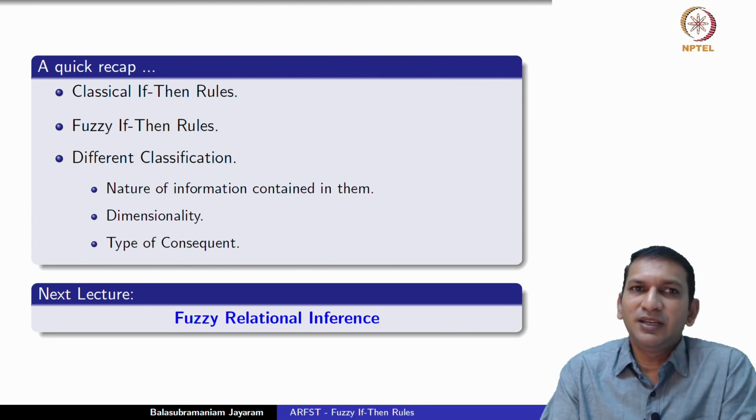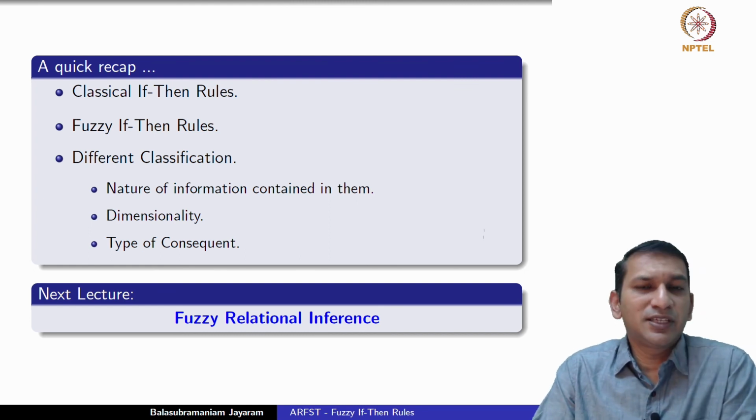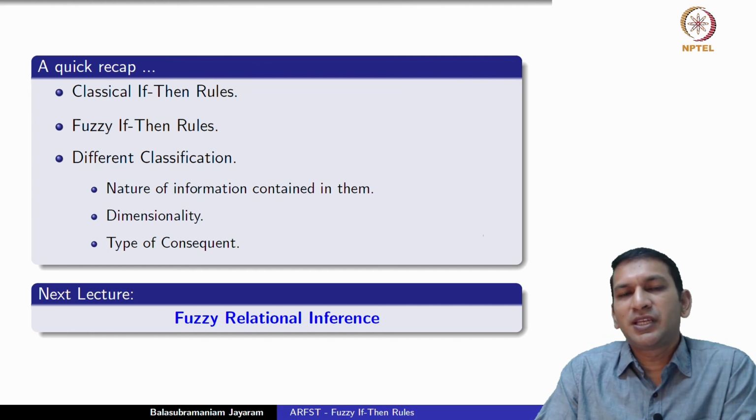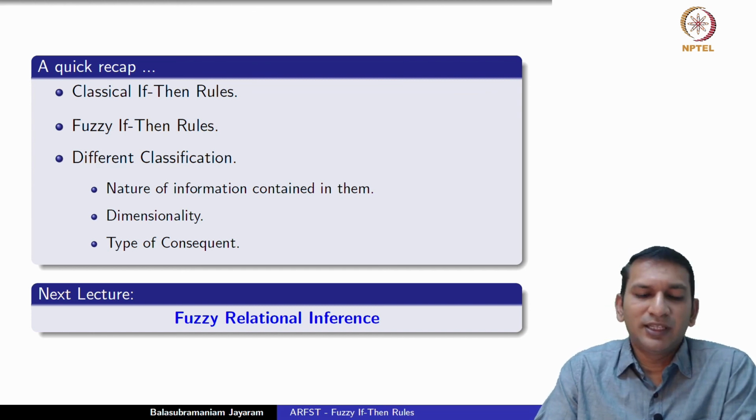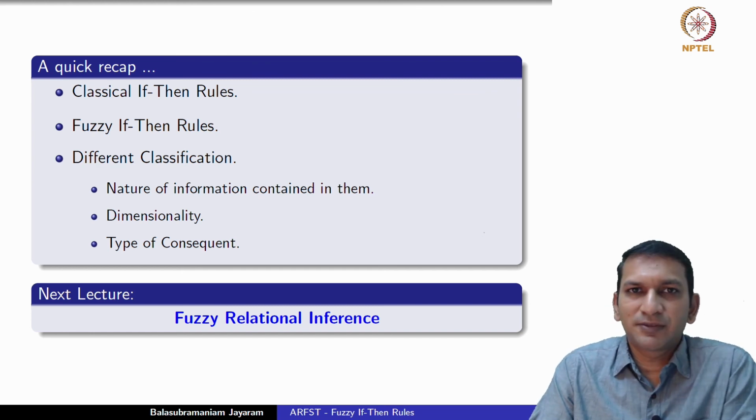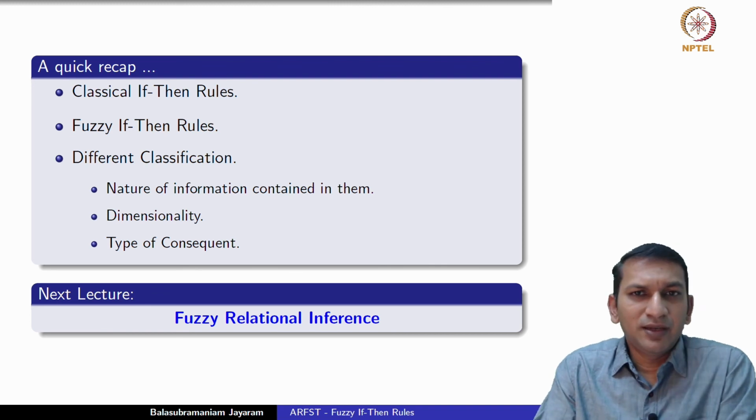The other one is the intelligence, which is essentially the inference scheme, and one particular inference scheme is what we will see in the next lecture, that of fuzzy relational inference, where a rule is converted into a relation, and then given an input, we perform inferencing operation using that input and the relation that represents the rule.